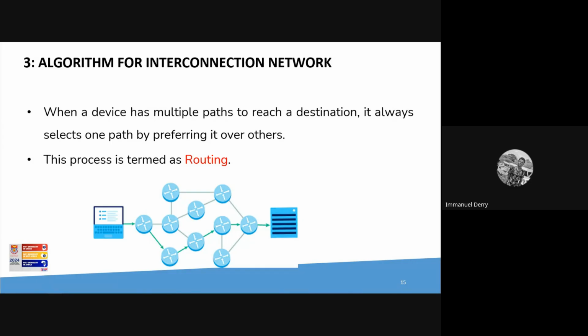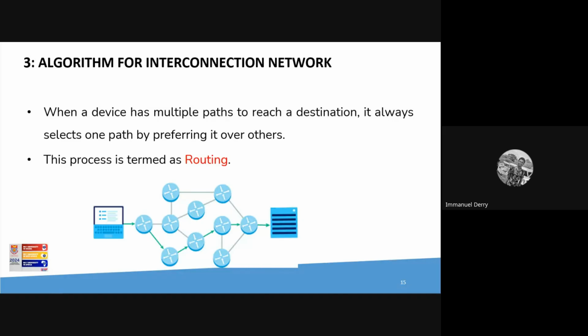So if you have, let me say, 16 computers that are connected together in a network, it obviously means that if you start from computer 1, you have several paths to move on to the destination. And these algorithms select one of the paths by referring to the other paths as well.